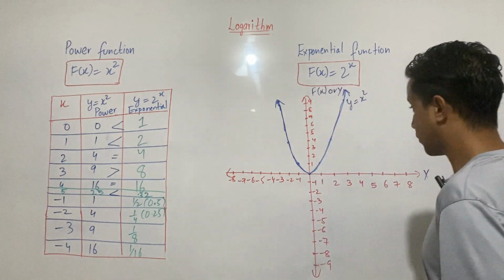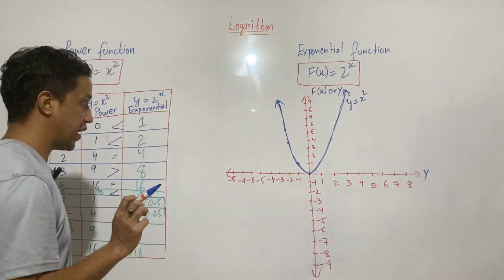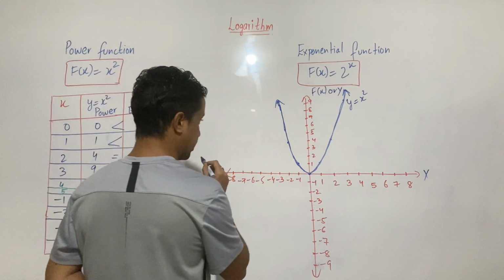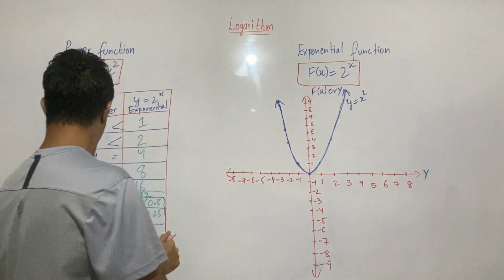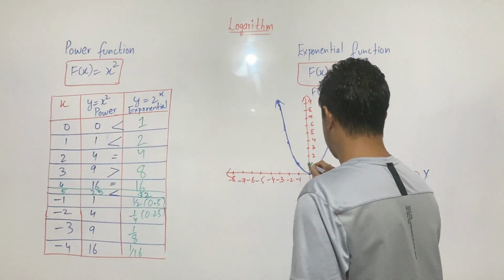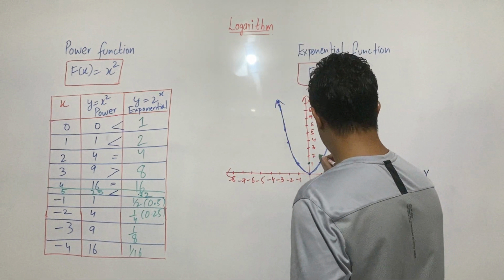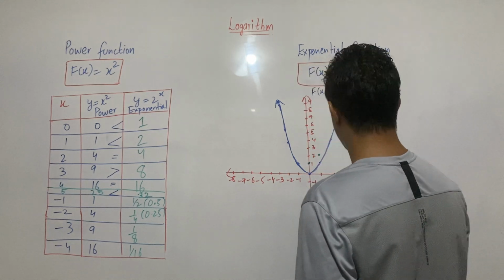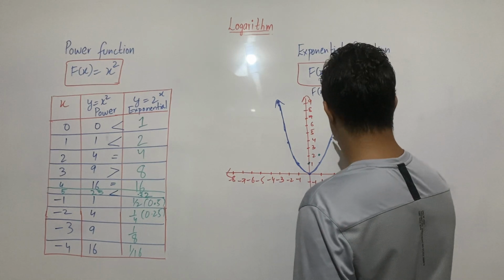So what does it mean? It's going to go through here. 0, 1, this point. Then 1, 2, this point. Then 2, 4, this point.